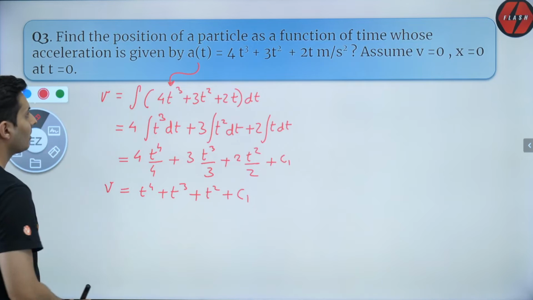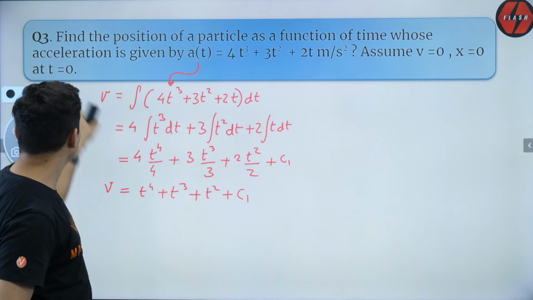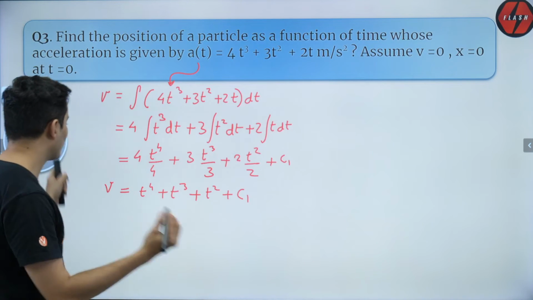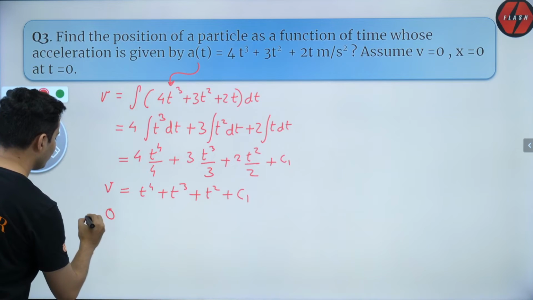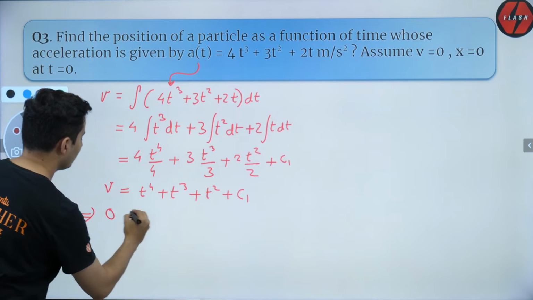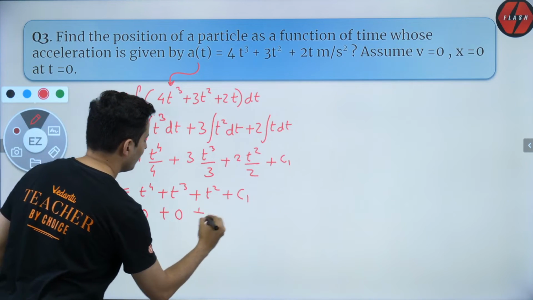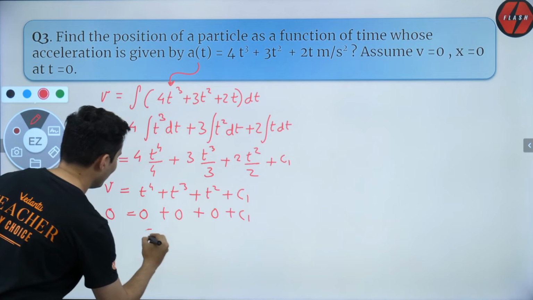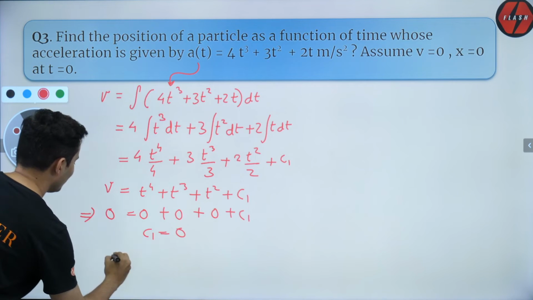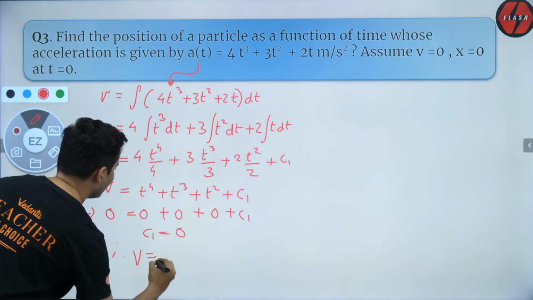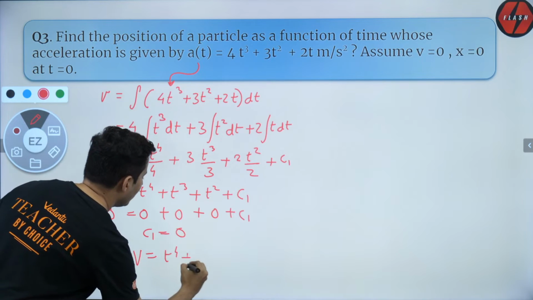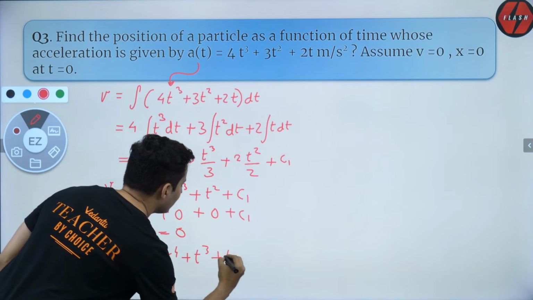That's what you get. But it is given at time 0, the velocity is 0. So use that. So using, right, velocity is 0 at time 0, what will you get? Very obvious, constant is 0. So therefore, the velocity, guys, will be t raised to 4 plus t cube plus t square.